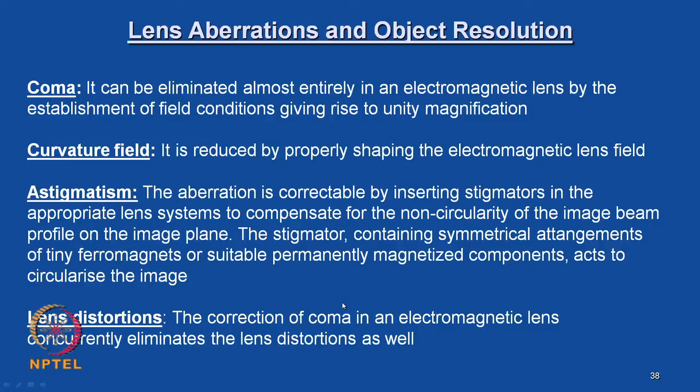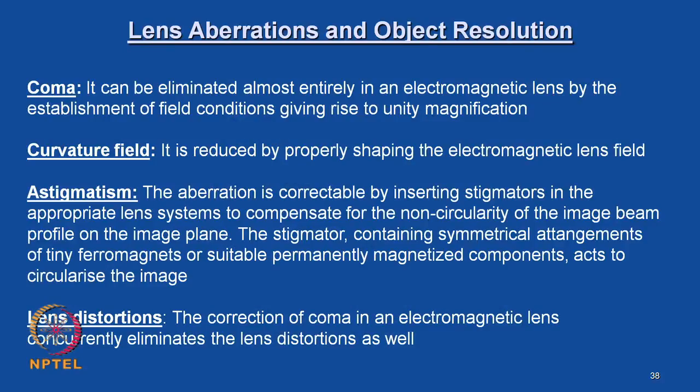So what you should appreciate here is, in electro-optical systems, most of your aberrations are controlled by the field strength and the field distribution. In an optical system, all these aberrations were compensated with an additional glass lens.